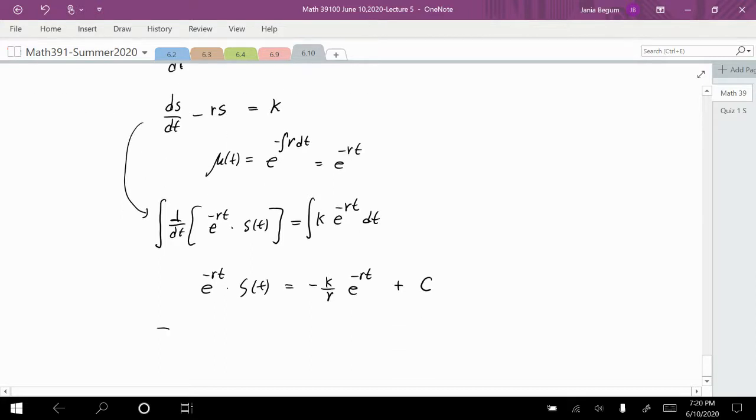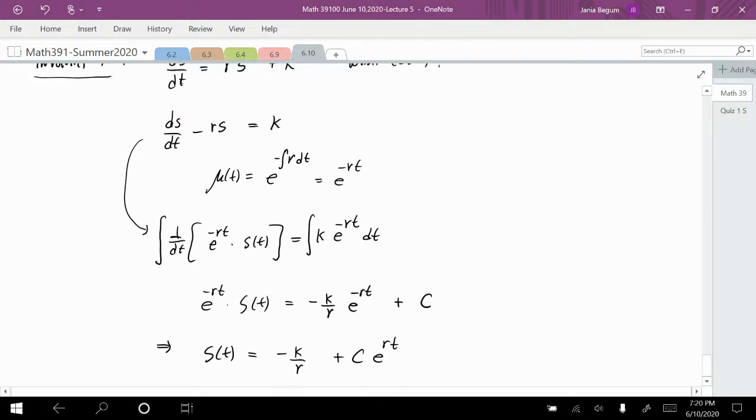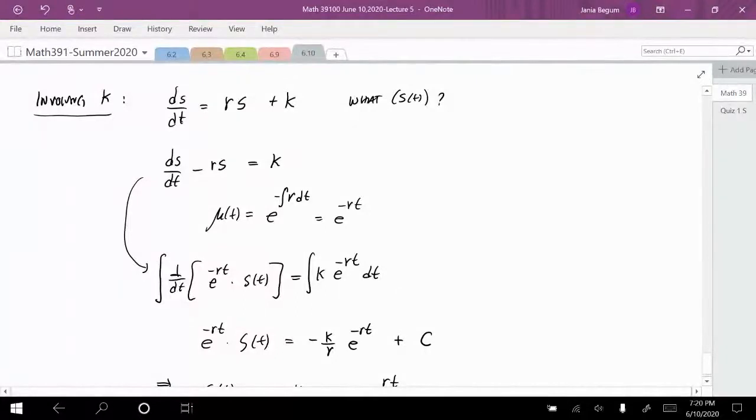And then finally, by solving for s of t, I divide both sides by e to the negative rt. We have negative k over r plus c e to the rt. So that's the solution if you add in a k factor to the differential equation, okay?